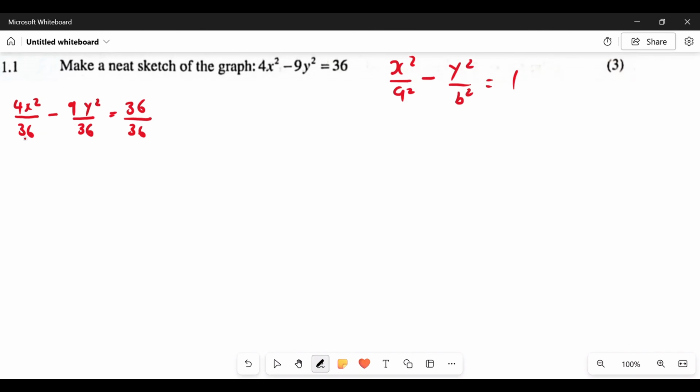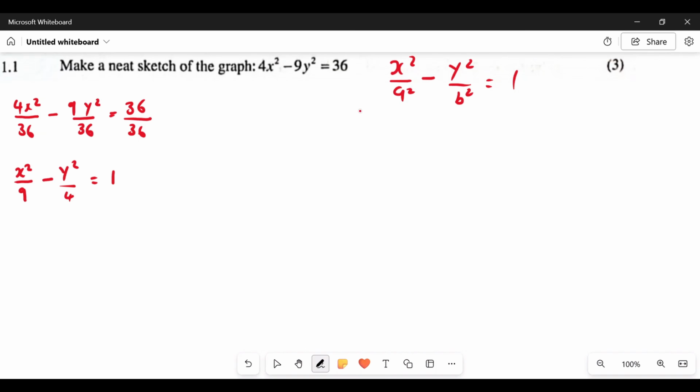Now when you divide 4x squared by 36, you'll be left with x squared divided by 9 minus, on the next term, when you divide 9y squared by 36, you're going to be left with y squared divided by 4. All this is equaling to 1. As you can see now, we have our 1 there.